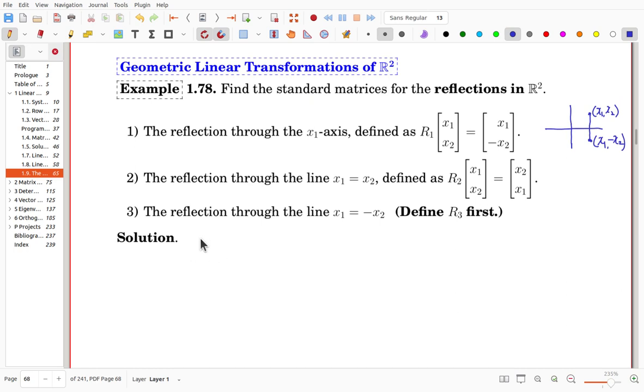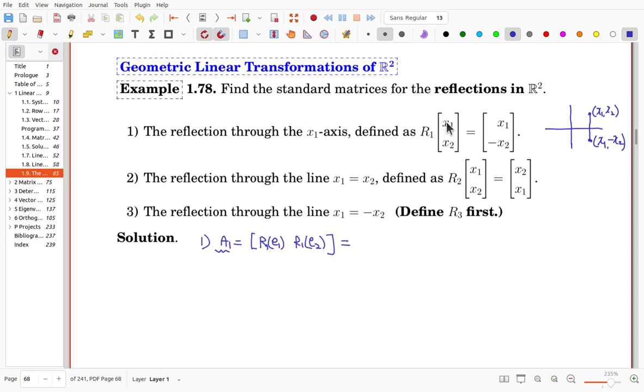Let's say that is A1, which must be a collection of actions: R1 acting on e1, and R1 acting on e2, right? Okay. e1 is 1, 0.